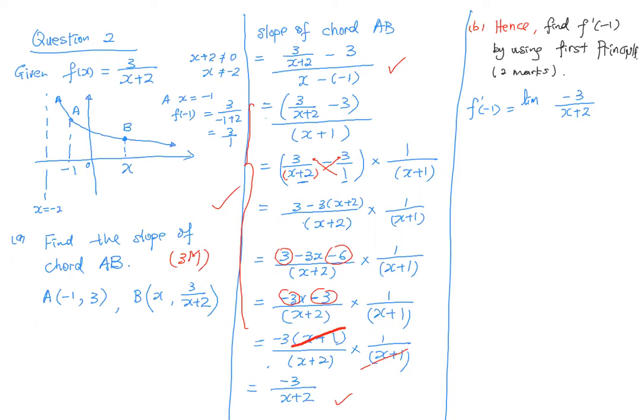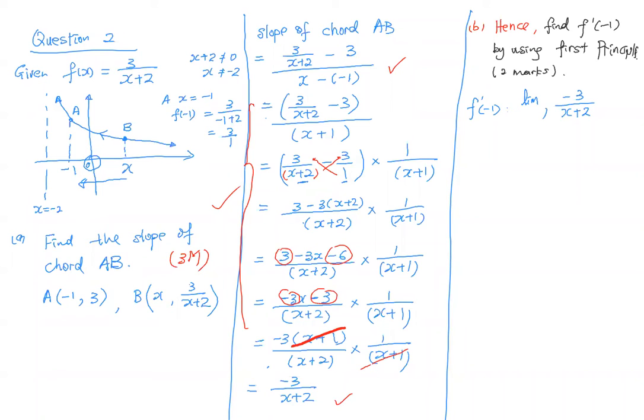X approaches 0? Where got H? Where got X approaches 0? If you say X approaches 0 means X approaches here now. As B moves closer to A, what happened to the value of X? X approaches -1. Yes.